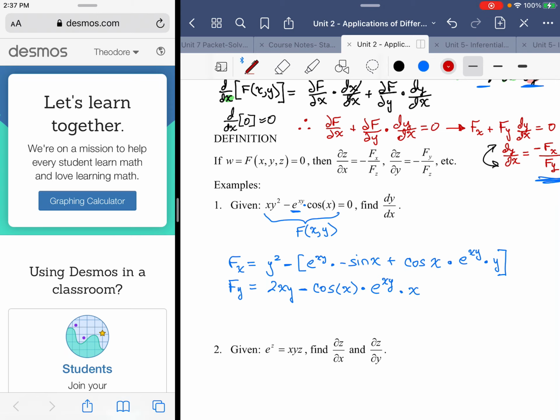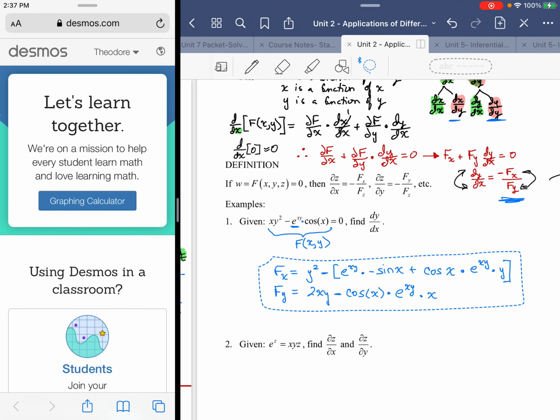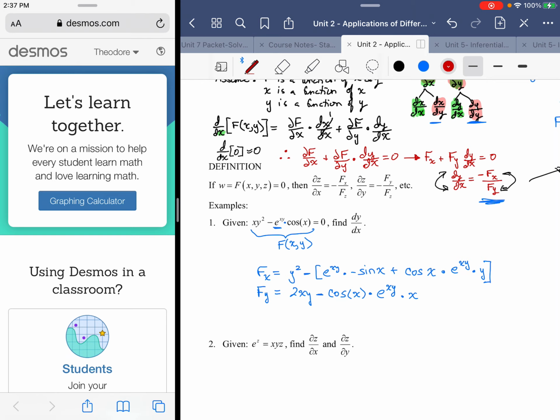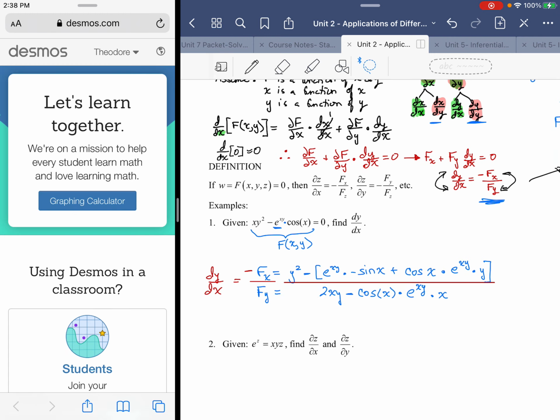So if I wanted dy dx from all this, all I'd have to do is negate the numerator or denominator, whatever is more convenient, right? And then make a ratio out of it. So that's what I'm going to do. I'm going to look at it strategically and see which part makes more sense to negate.